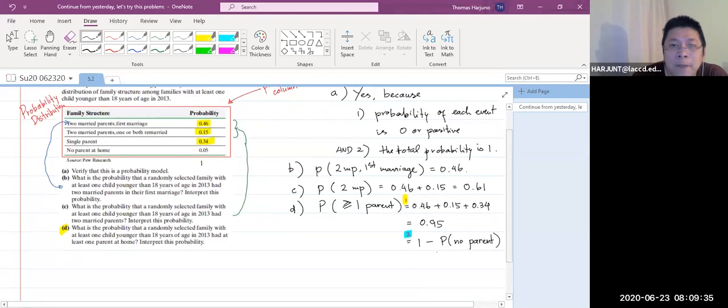Which is 1 minus 0.05, that is 0.95. So you see, either you add the events one by one, or you look at the complement event. Either way is possible.